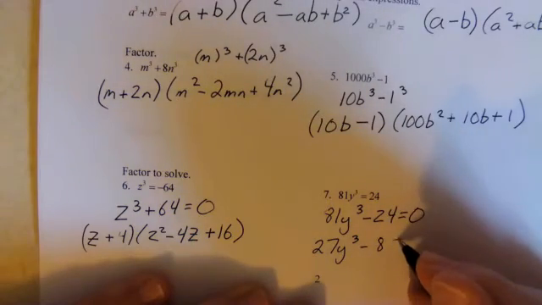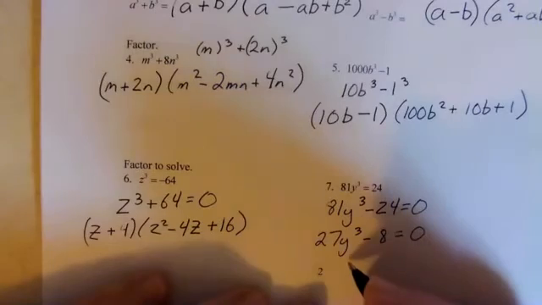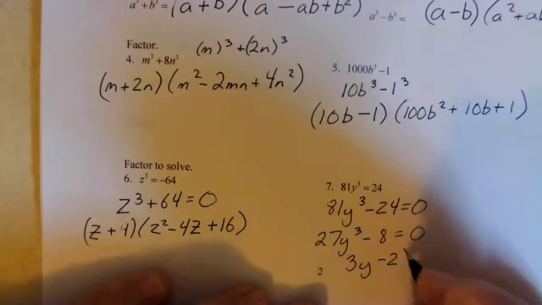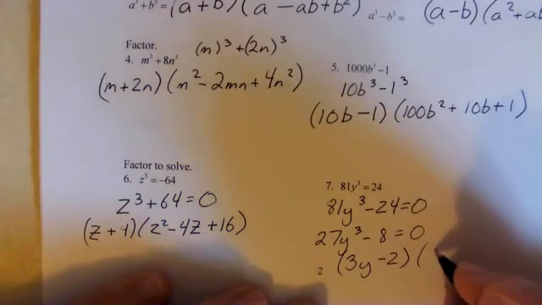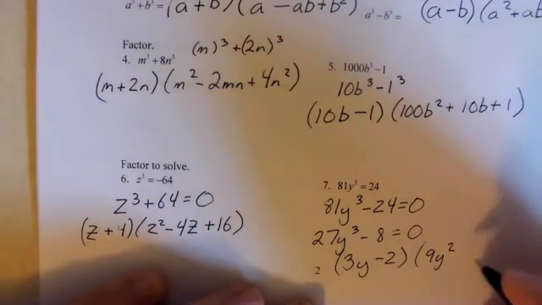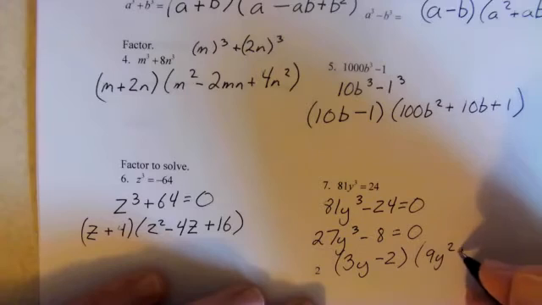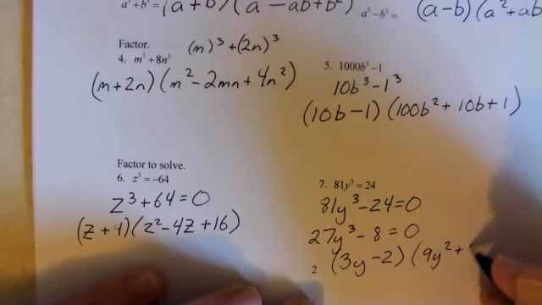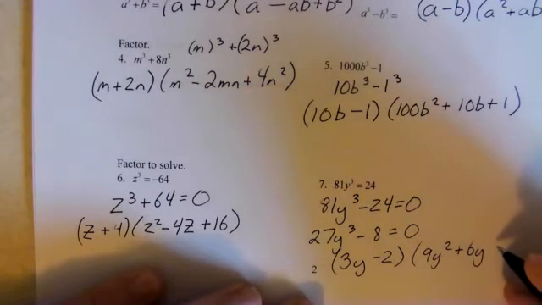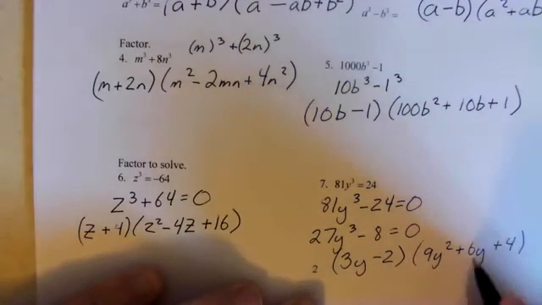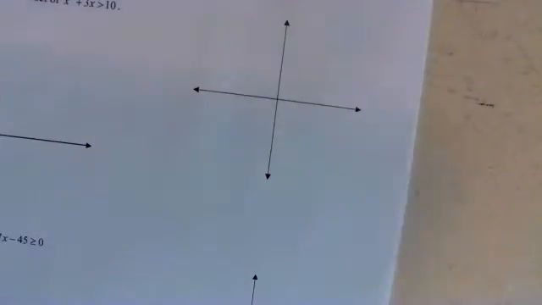Oh, that's a perfect cube. Equals 0. And give it similar treatment. 3y minus 2. There is a 9y squared with a plus. We have a 6y, and we have a plus 4. Discriminant is 36 minus 4 times 36. I think we are stuck for the time being.